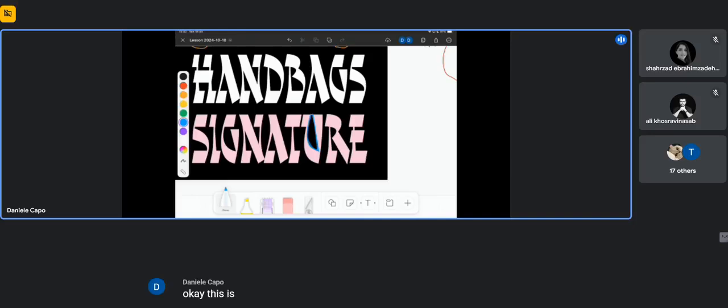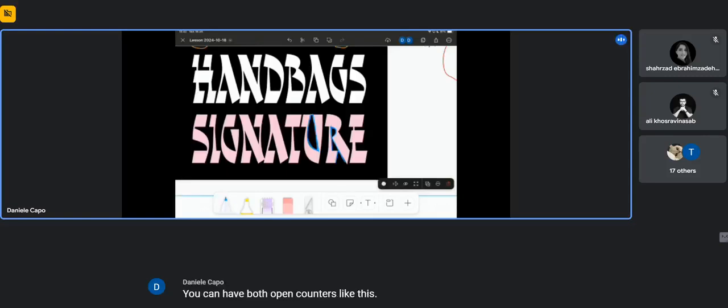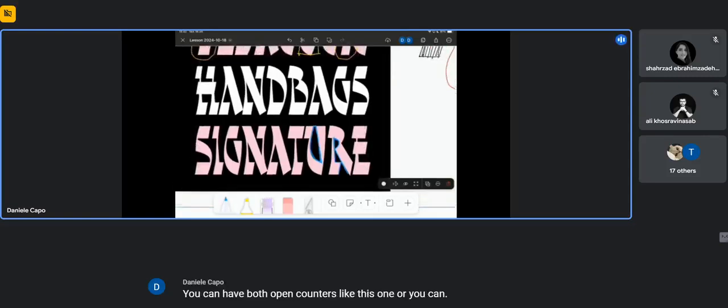This is the counter of U. This is the counter of R. You can have both open counters like this one, or closed ones.